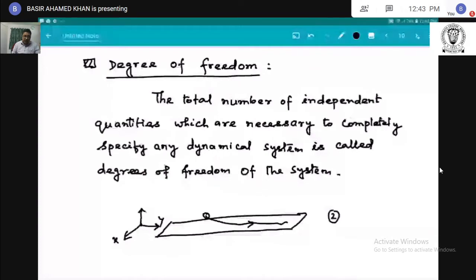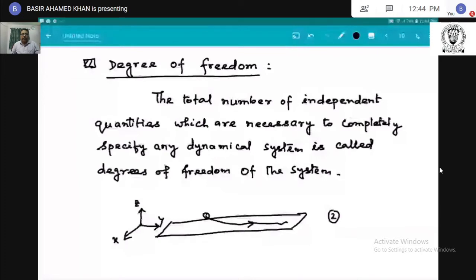Only 2 independent quantities are required to specify the configuration or the movement of the marble.